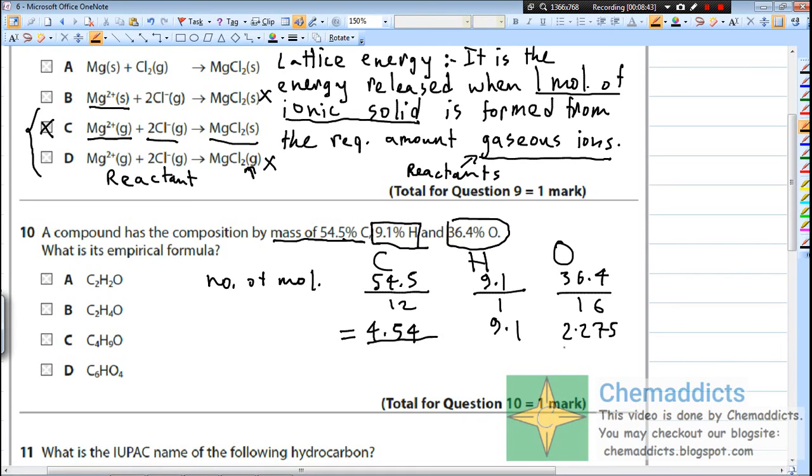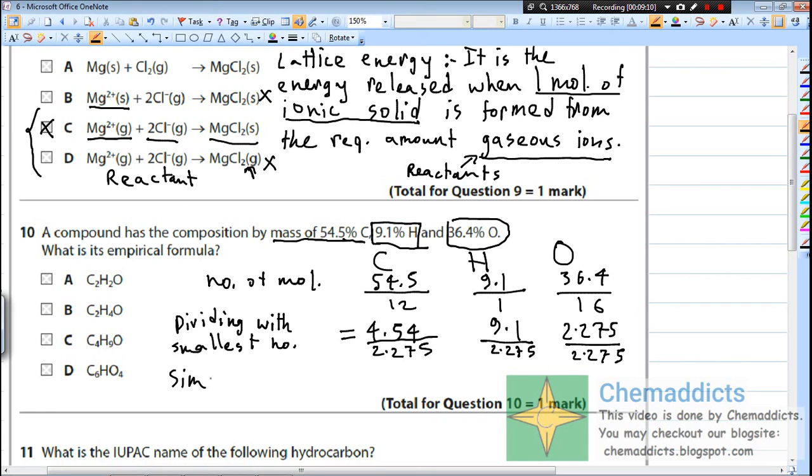So we're dividing with the smallest number. Here the smallest number is 2.275, 2.275, 2.275.